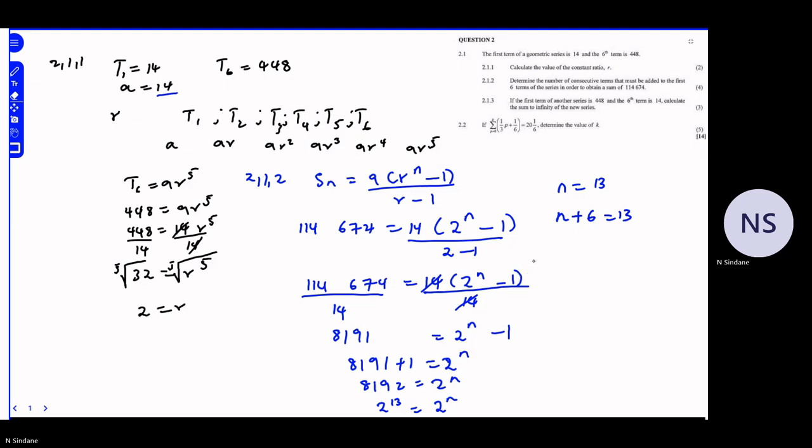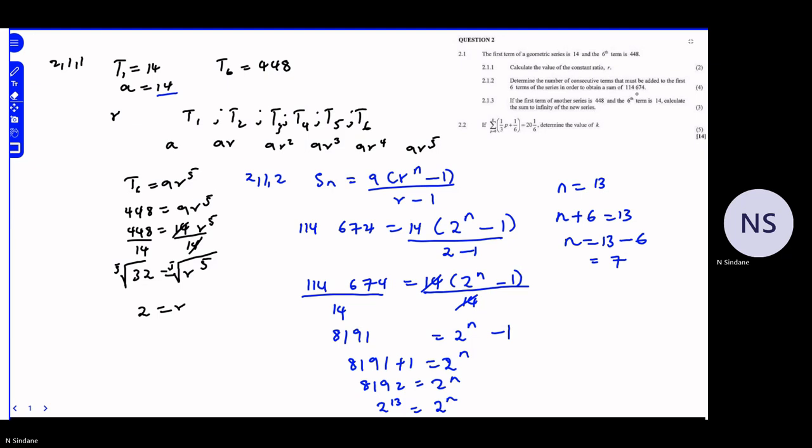If I add this 6 to this consecutive number that I'm not sure of, I must get this. And I already know that the sum of the 13th terms, they give me that. So I'm going to take this to the other side and say n is equal to 13 minus 6. This gives me 7.